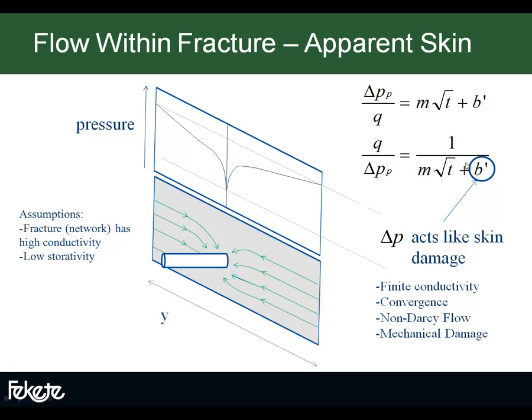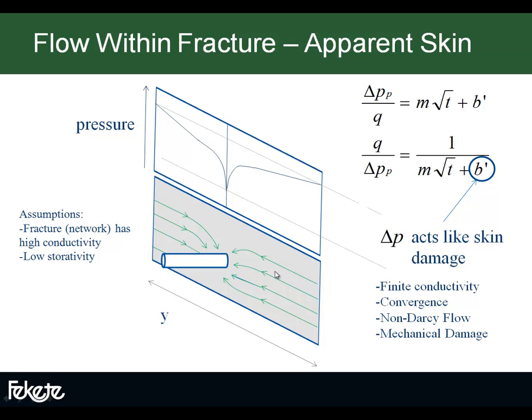And this B prime is simply a pressure loss that is experienced as the fluid flows through this fracture system. Remember, we said that the transport mechanism in unconventional reservoirs is the fracture system itself. So as the gas or the oil flows from the tip of the fracture to the perforations on the wellbore, it's going to experience this pressure loss delta P.